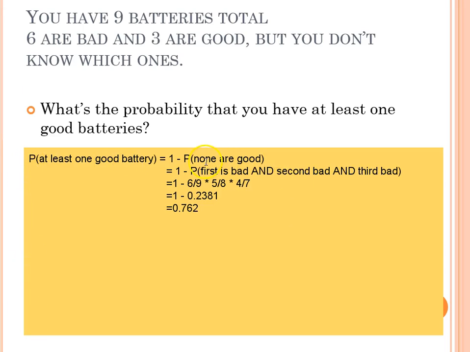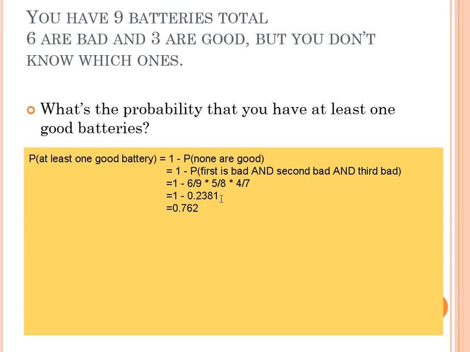Another way of saying none are good is that they all 3 have to be bad. So I've written this out. The first is bad, and the second is bad, and the third is bad. So again, we're just going to use the multiplication rule to find this second term, which is 6/9 times 5/8 times 4/7, and that takes into consideration the fact that we're drawing without replacement, and that gives us our probability that none are good, which is 0.2381.